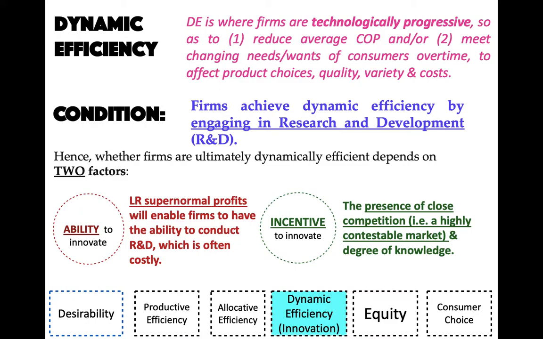Another factor is also the degree of knowledge, right? If the industry is characterized by perfect knowledge, then the firms will lack incentive to innovate because the result of their R&D will be easily shared and adopted by other competitors. So they will not want to invest in R&D, right? So they have no incentive to do R&D.